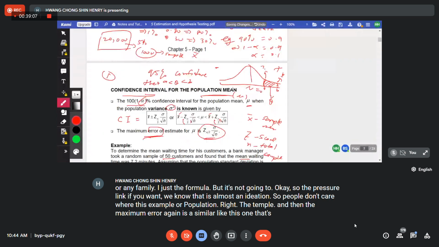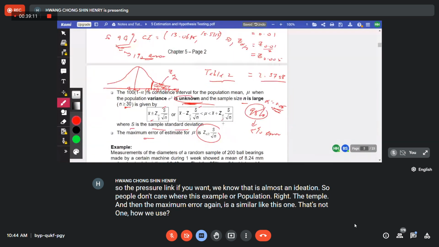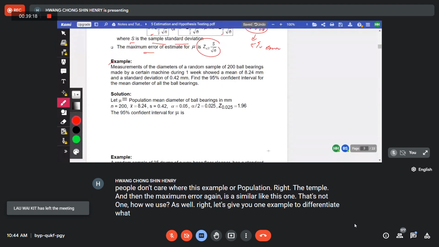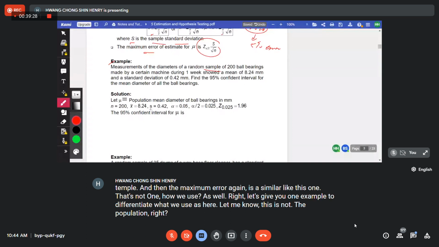Just now we used sigma. Now we use S. Let me give you one example to differentiate why we use S here. You see the word sample? Then we know this is not the population. See, your X bar is still there.